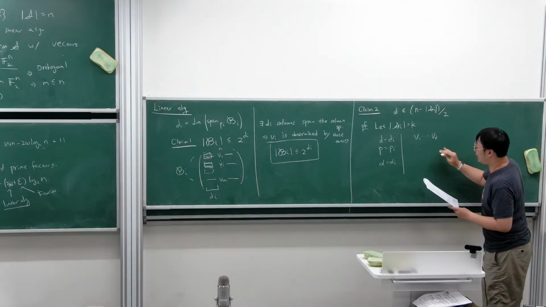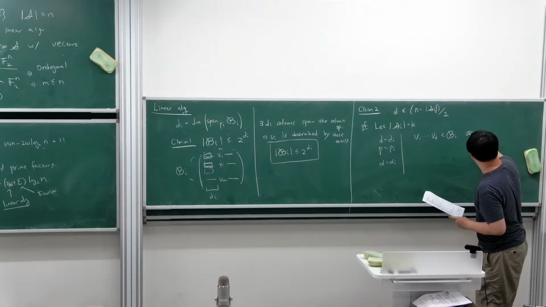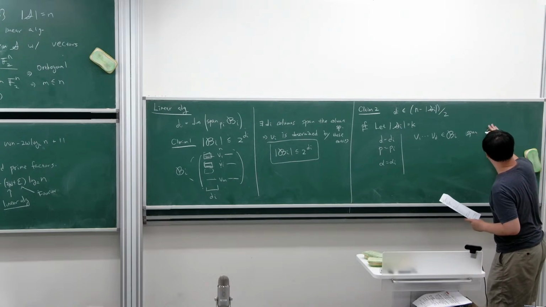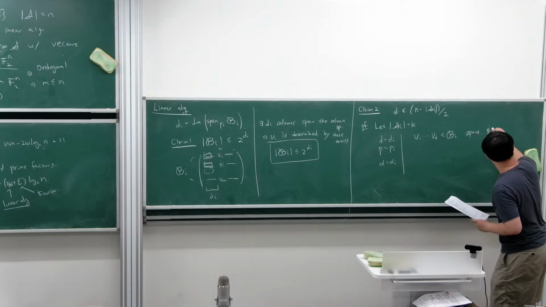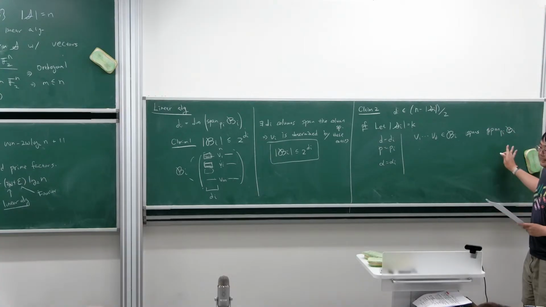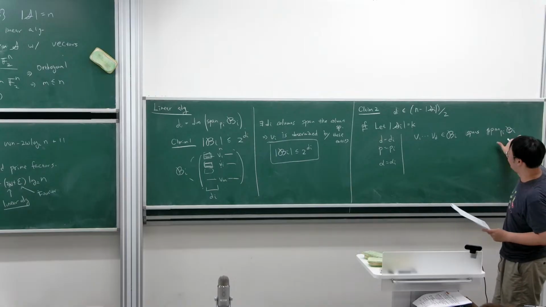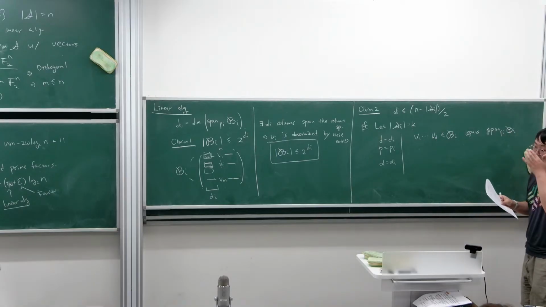These are in Bi, and these are in the span of this space. Since Di is defined to be the dimension of this space, I can pick D vectors such that this holds.